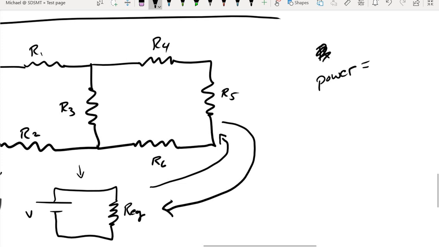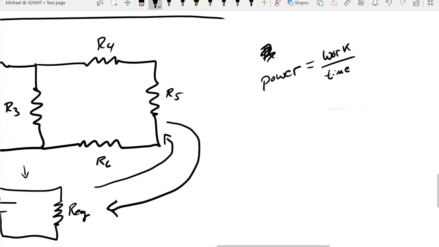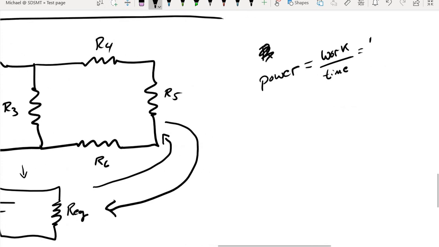And back in Physics 1, if you remember, power is the rate at which work is done, but work is a change in energy. And so I would like to know, as current passes through all of these resistors, how much energy is being dissipated by those resistors.